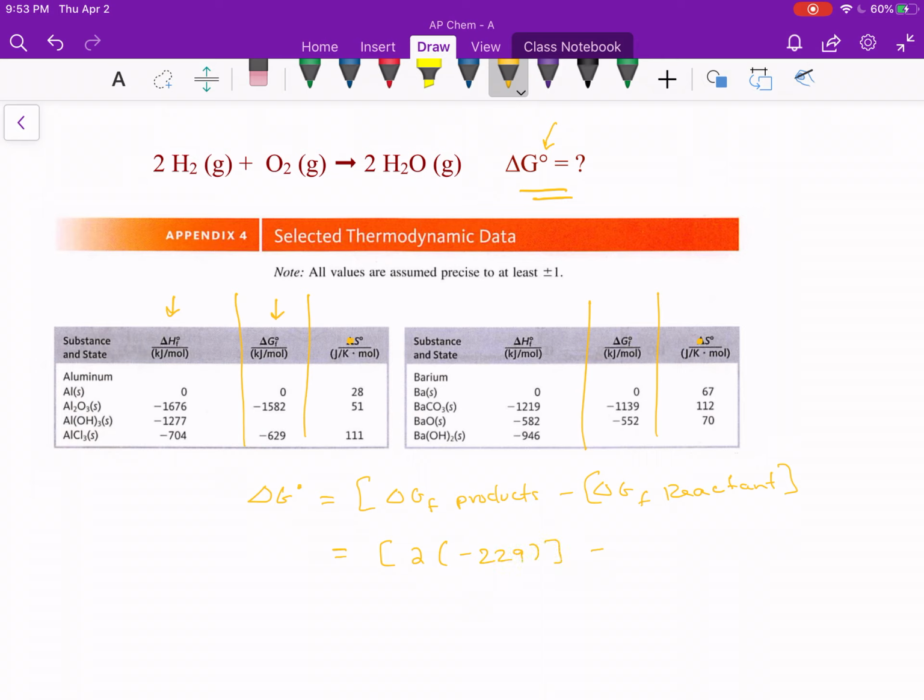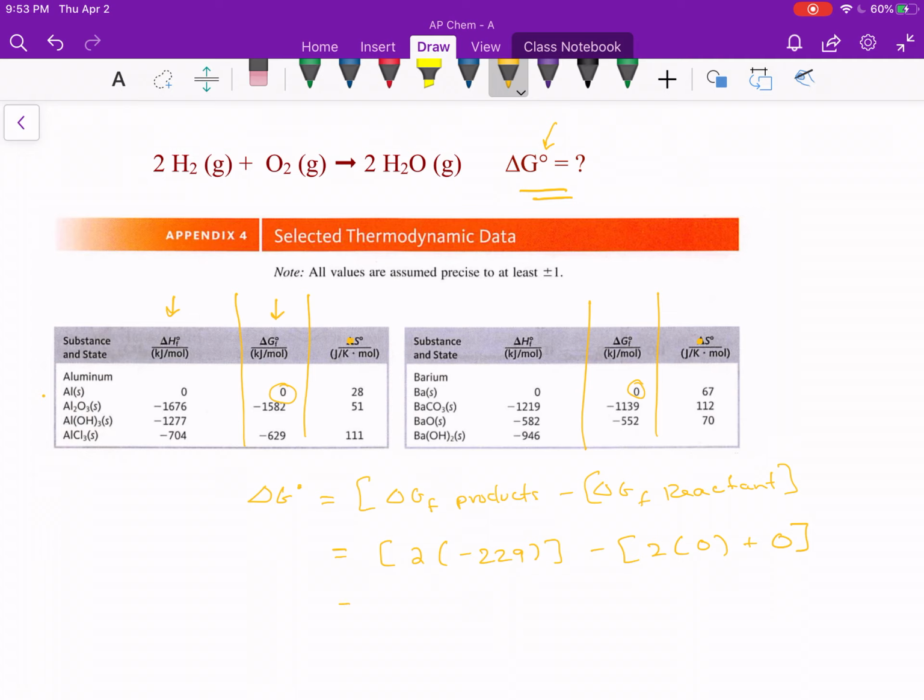And then we have two hydrogens. But again, like we have aluminum and barium, delta G for elements in their standard state is going to be 0. So the delta G of formation for those elements is 0, because there's no formation reaction for elements. And for oxygen gas, it's in its standard state, so we're going to say it's 0 as well.